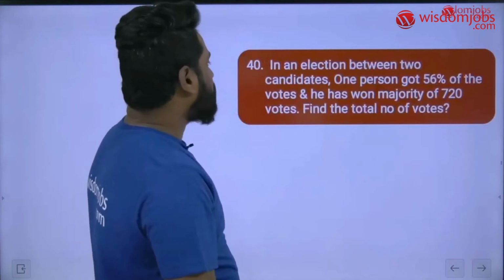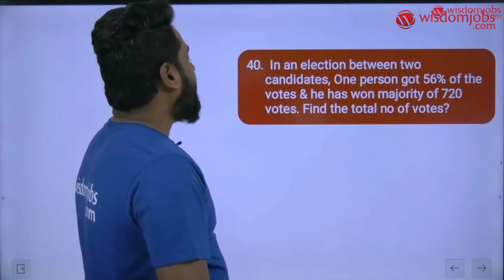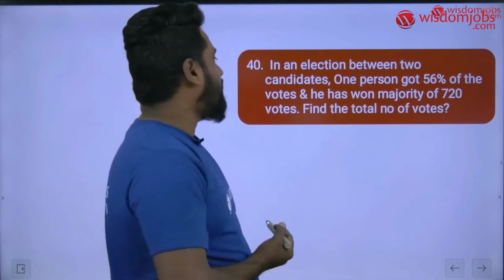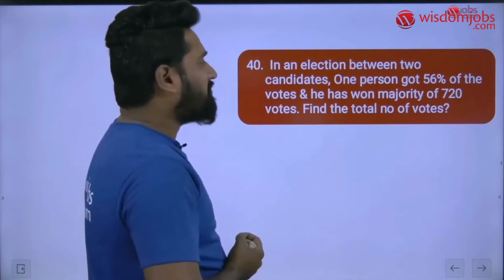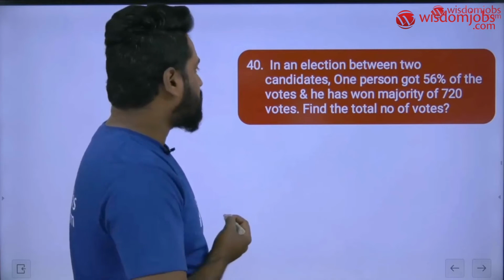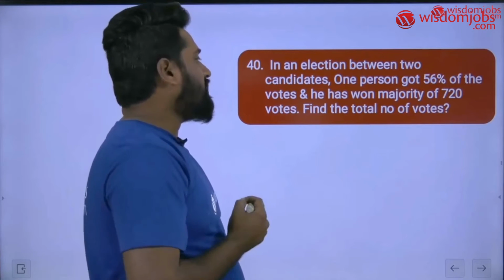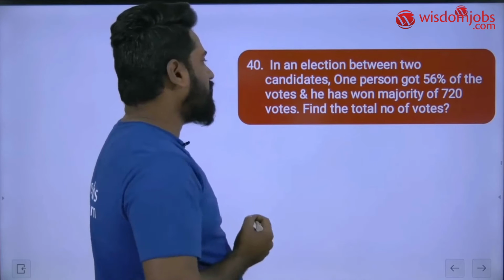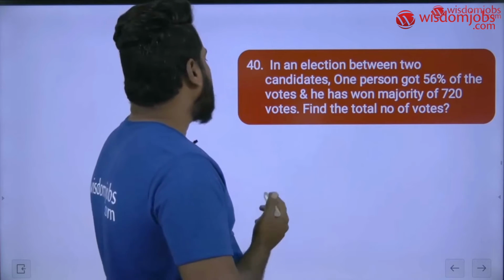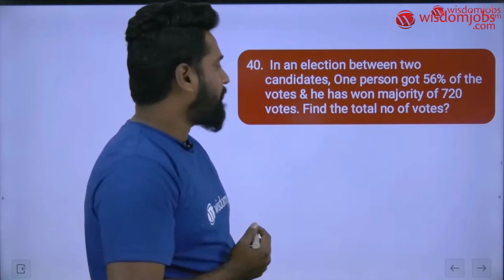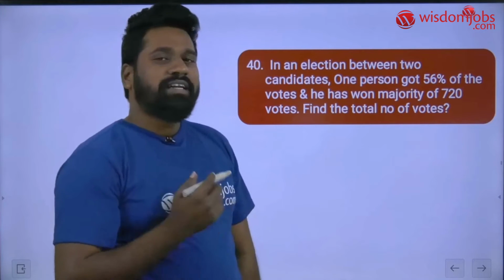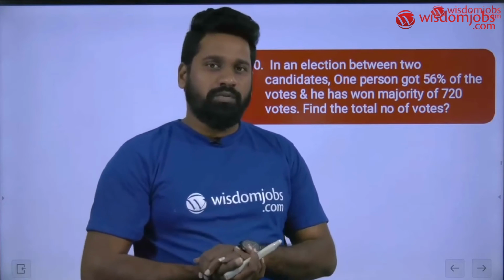So coming to this question, what is given? In an election between 2 candidates, one person got 56% of the votes, and he has won with the majority of 720 votes. Now he is asking to find the number of total votes polled.